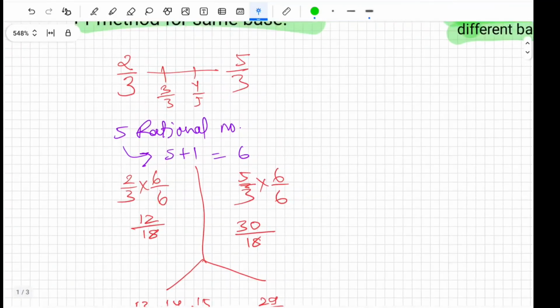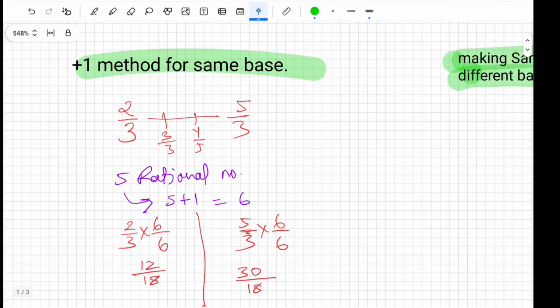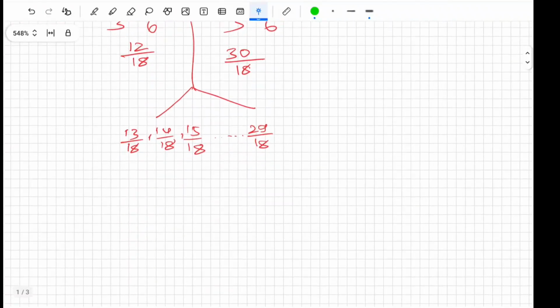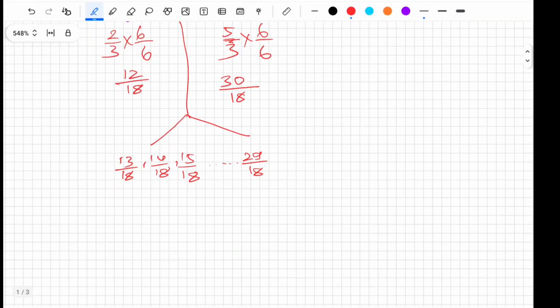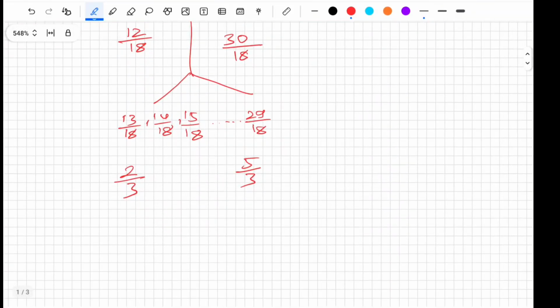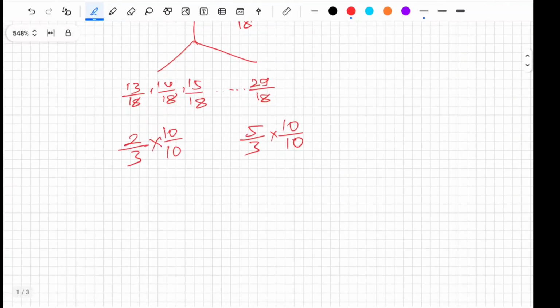This method we use in cases where you have the same base, and you can use this trick. One method you can also add here: if you have similar numbers, 2 by 3 and 5 by 3, you can also use a simple technique like multiplying by 10 on both sides.